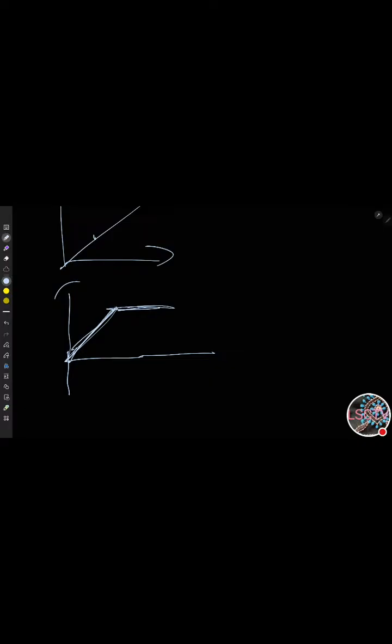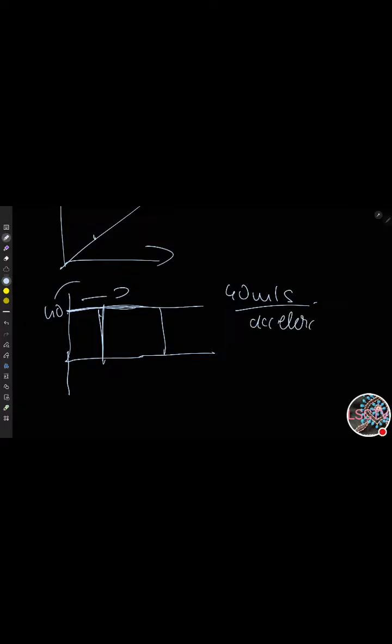Okay. See, let's say our body is traveling like this. This is the 40 mark. Its velocity is not at rest. It means that the object is traveling at 40 meter per second constant velocity. So acceleration is equal to 0. Then this represents time. See, velocity time graphs can go like this.